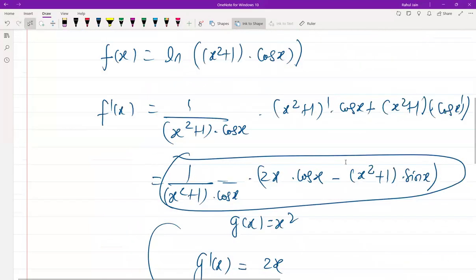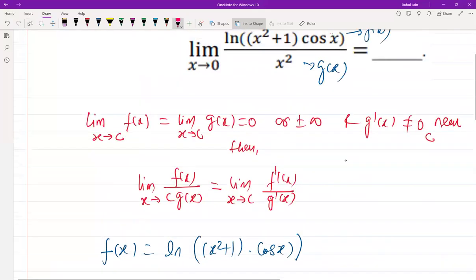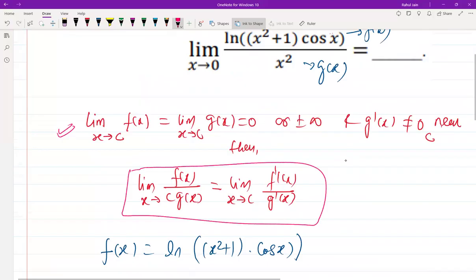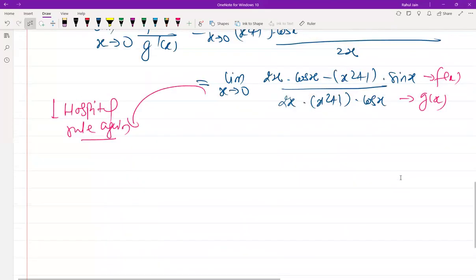Using this rule again on this particular part, which you know should be followed. If it is obeyed, then I can go ahead with this. So we are following this now. Let's try to solve. Make sure that you know the L'Hospital rule very well before solving this, so that the question will be very clear to you. Fine.